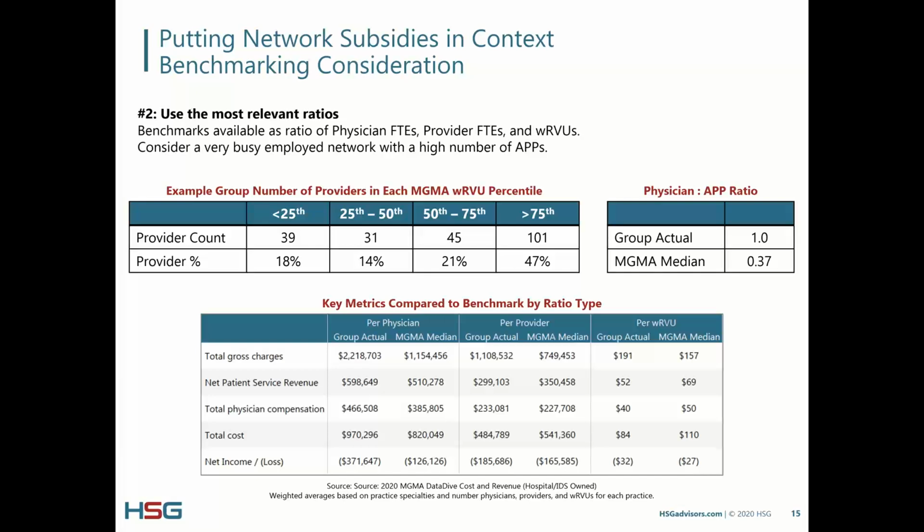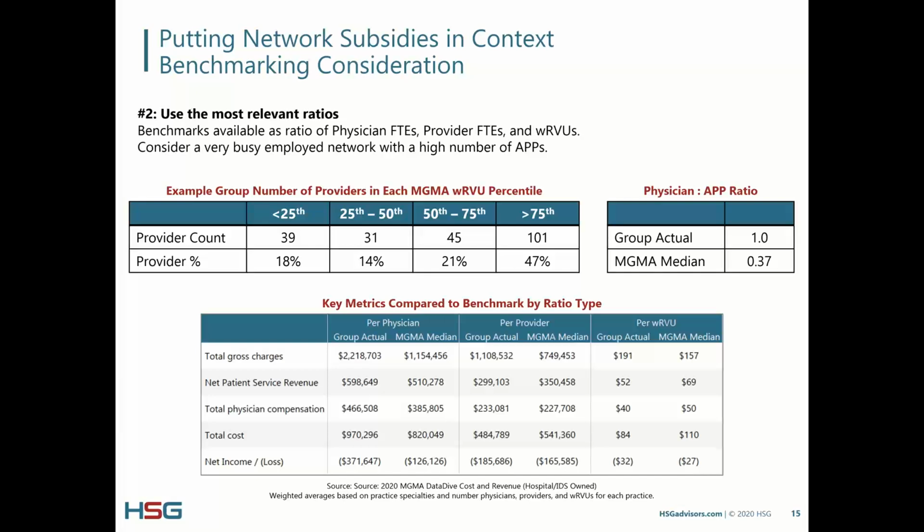But if we think of an example group that we've done some work with, think about a group that's very, very APP heavy, but also very, very productive. So in this example group, almost half of their physicians were producing work RVUs at levels above the MGMA 75th percentile. And that's a very productive group. So tons of RVUs being produced.